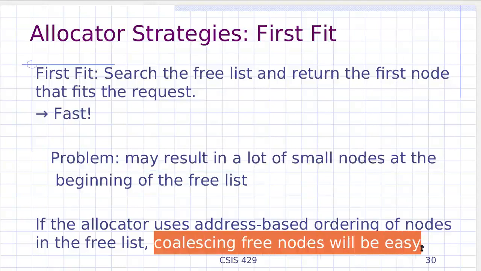You won't have a hard time coalescing because they're all in order, so you can just check adjacent nodes in the free list and see if they're free and adjacent, and then you can coalesce them pretty easily. Okay, so there are advantages. It's fast, and coalescing would be easy, but you could end up with a lot of small nodes at the beginning of the list.